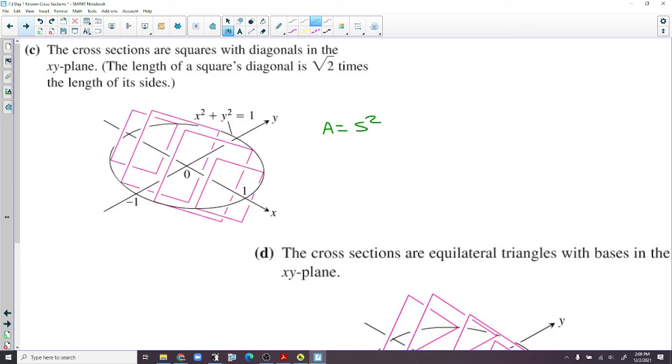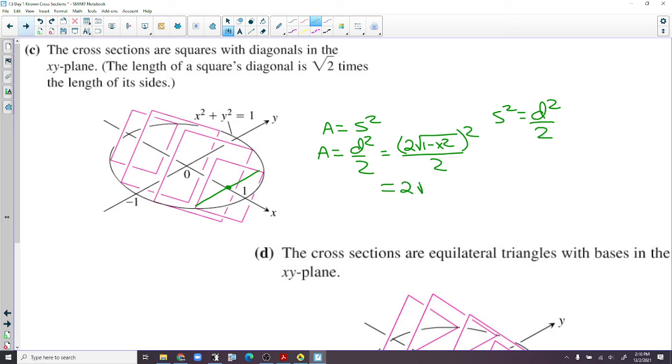Didn't we say that side squared is equal to the diagonal squared over 2? So that's what we can replace this with. So diagonal squared over 2. But the diagonal is 2 times the square root of 1 minus x squared. So this is 2 times the square root of 1 minus x squared, squared, over 2. That's 4 over 2, that's 2. Oops, we don't have the square root anymore. So 4 over 2 is 2, 1 minus x squared. There's the cross-sectional area of that.